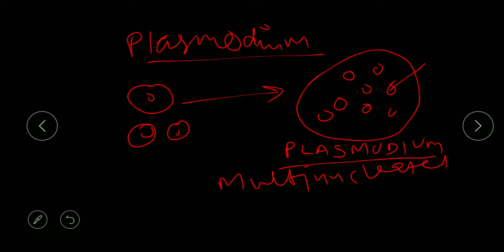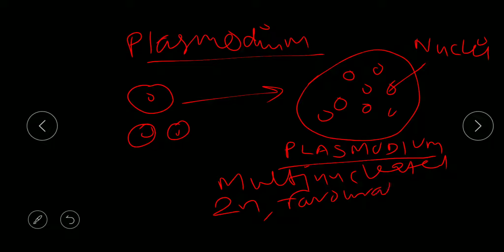As you can see, these are nuclei, and several nuclei are present. It is diploid, and it is formed in favorable conditions. These are important points to remember, because questions are usually asked from this structure.